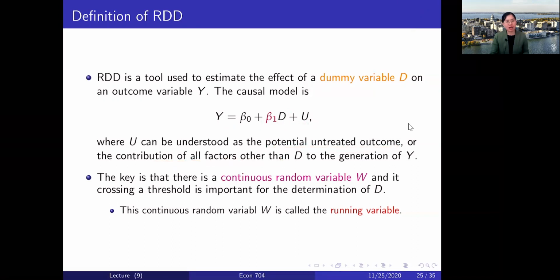The key for RDD is to have a continuous random variable W called the running variable.